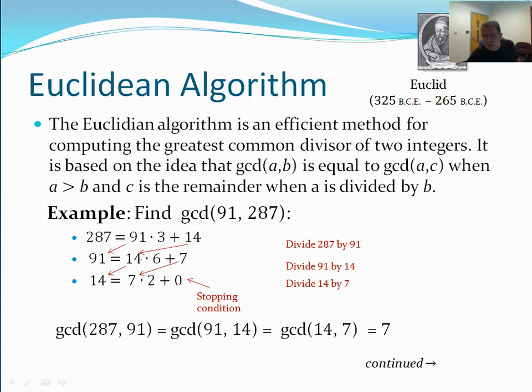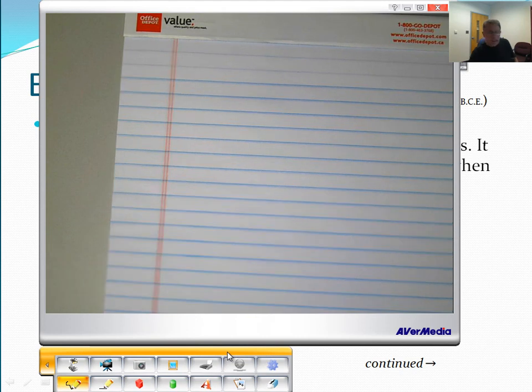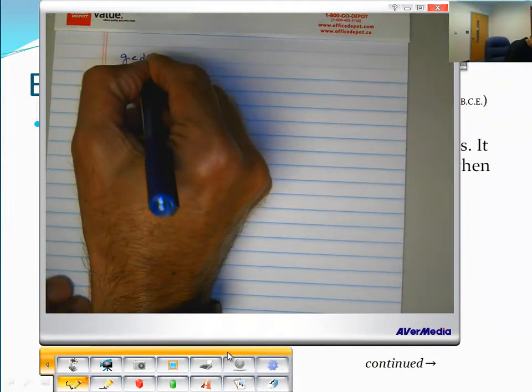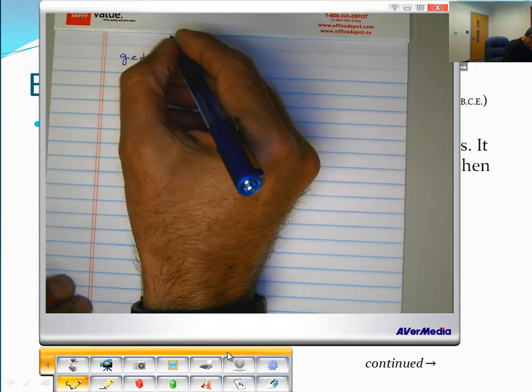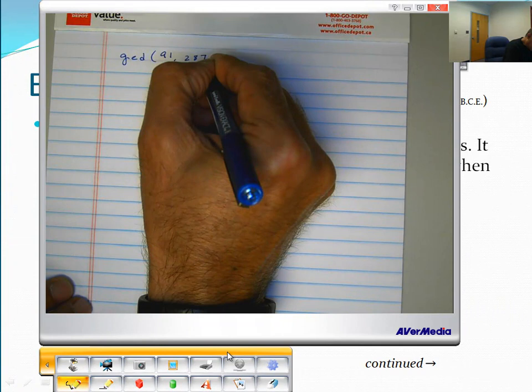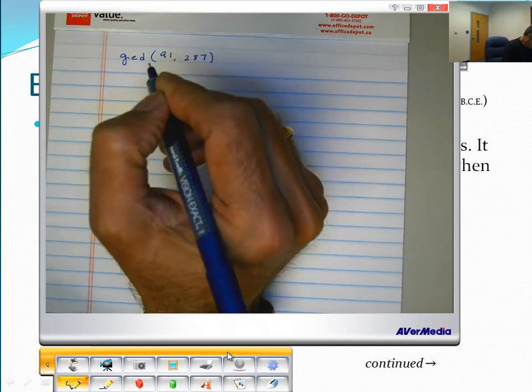We want to find out the GCD of 91 and 287.